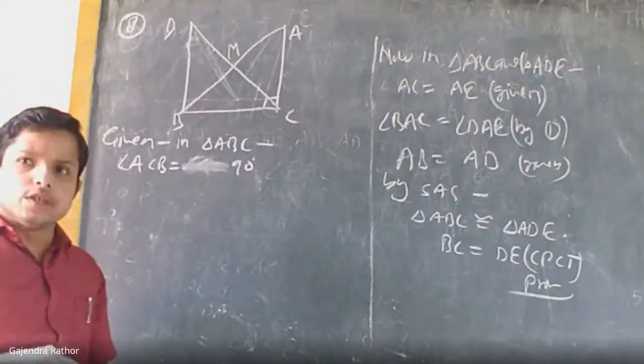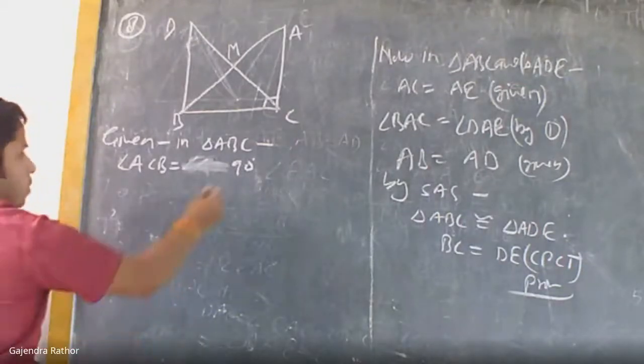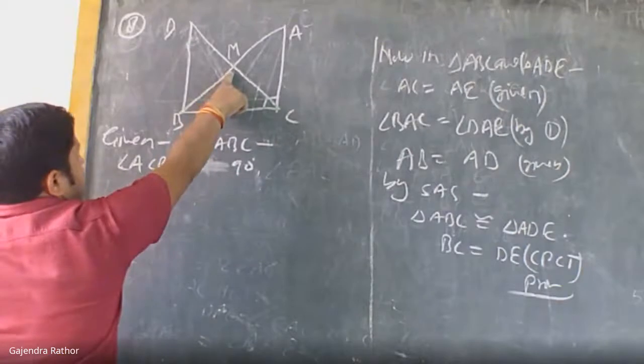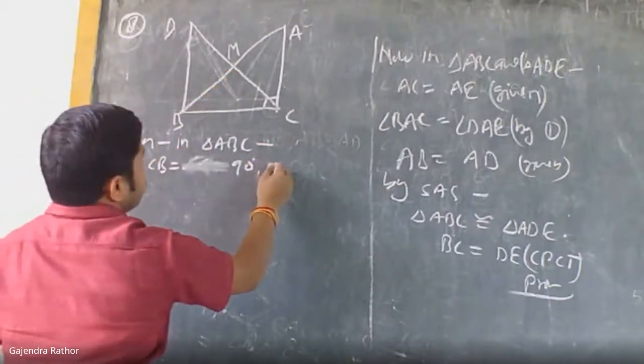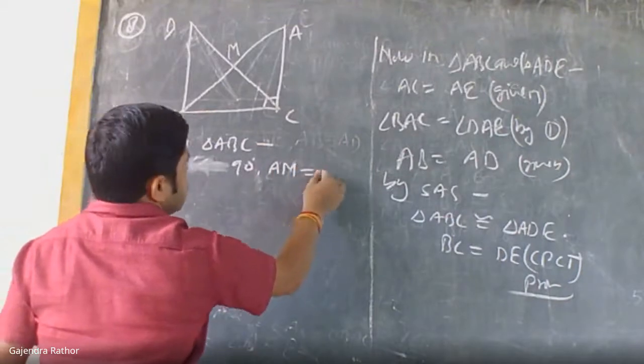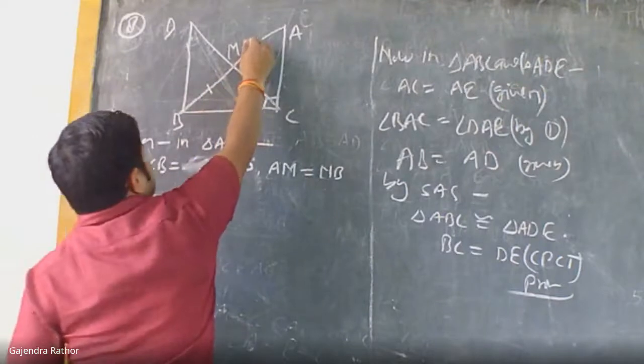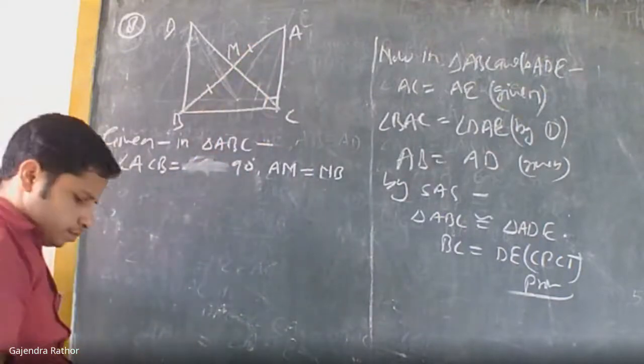And M is the midpoint of hypotenuse AB. And M is the midpoint of AB. So AM is equal to MB. We can mark the side like this. AM is equal to MB.